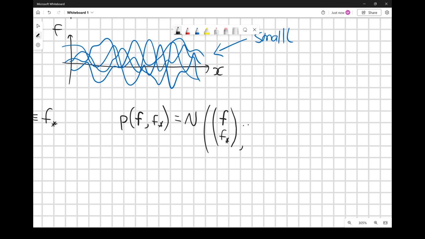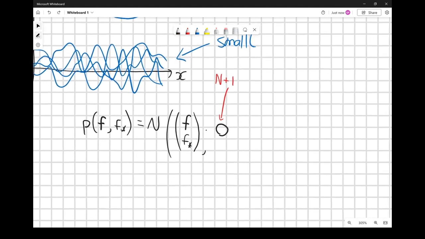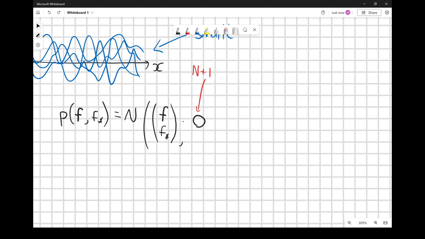The mean of this is, again, a vector of zeros, only noticing that it's now an n plus 1 vector of zeros, because we have n and a scalar here. And then we've got our covariance matrix.